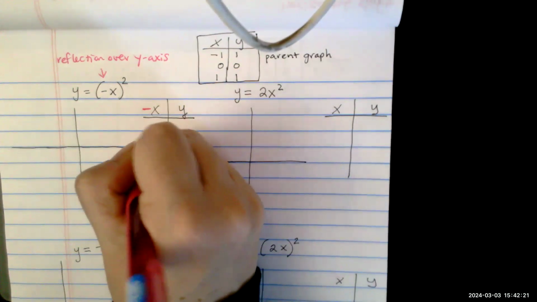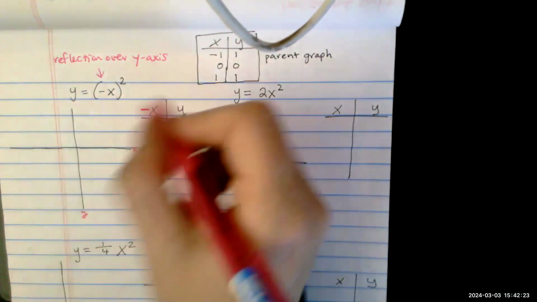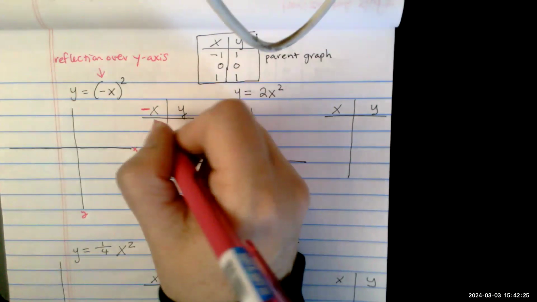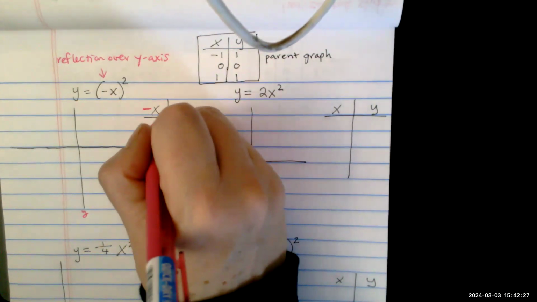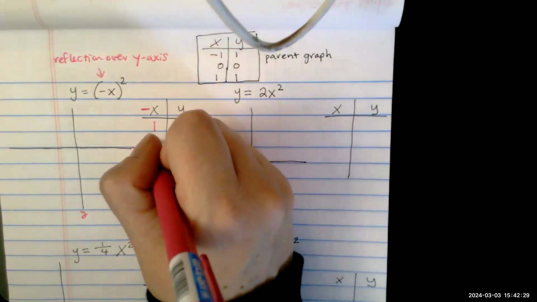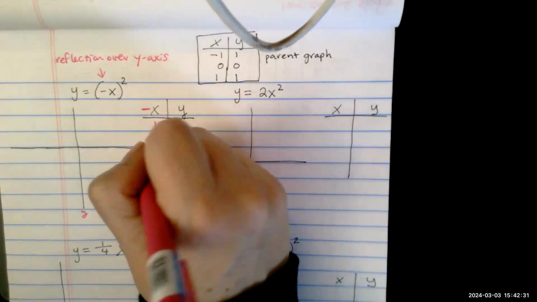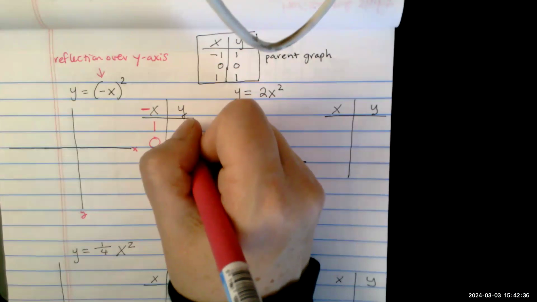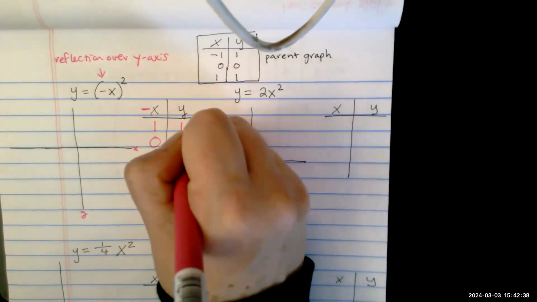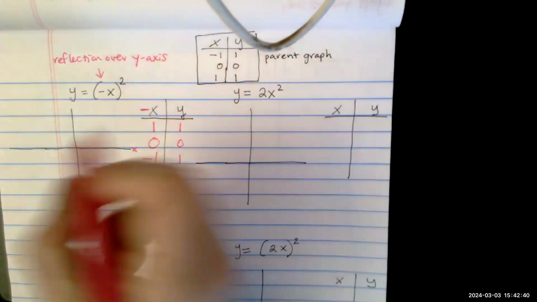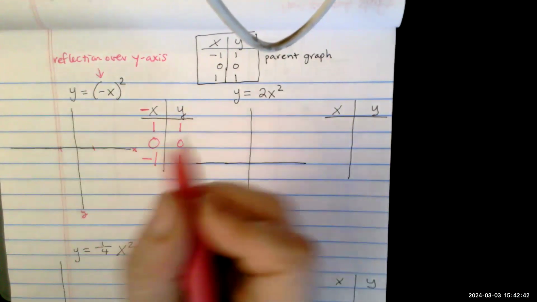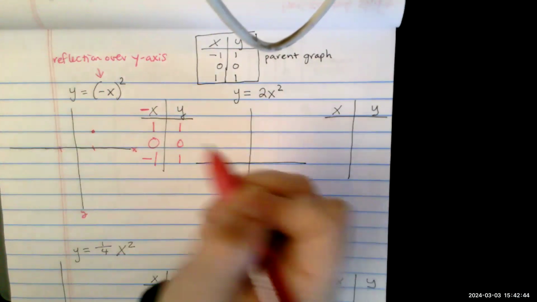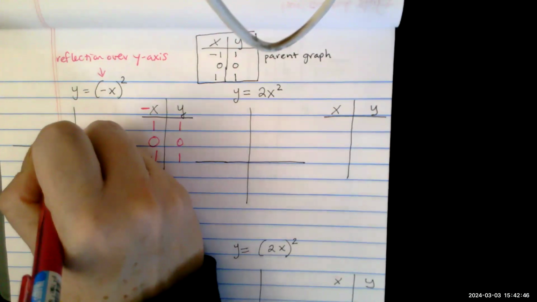Because this is our x and this is our y. So let's check. If I change all of my x's, so my -1 becomes 1, my 0 stays 0, and my 1 becomes -1, but the y's are staying the same. So that's 1, 0, 1. Let's look what happens. 1, 1, 0, 0, -1, 1.